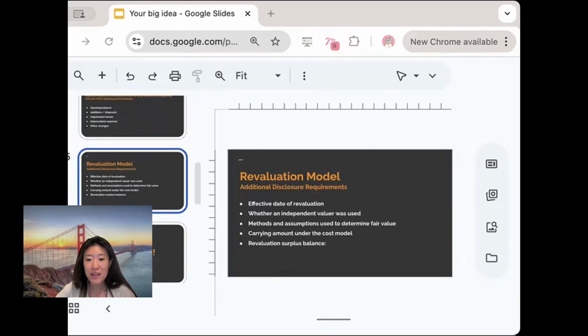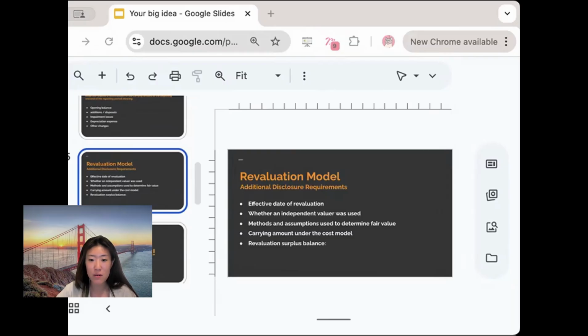Finally, because green energy is considering the revaluation model, selecting this option triggers substantial additional disclosure requirements. If the revaluation model is adopted, the company must disclose the effective date of the revaluation and confirm whether an independent valuer was used in the valuation process. Critically, the company must disclose the specific methods and assumptions used to determine the fair value of the turbine.